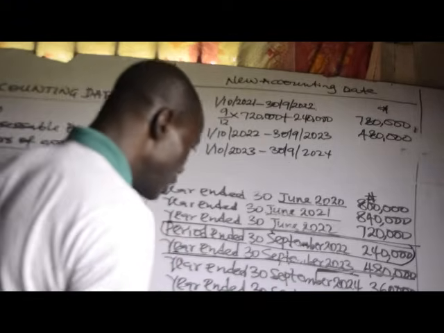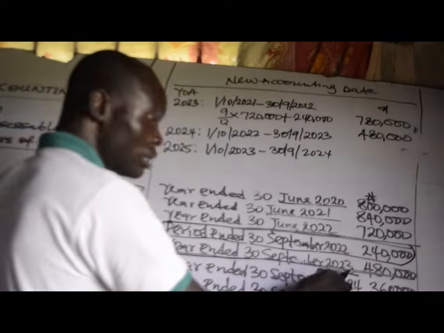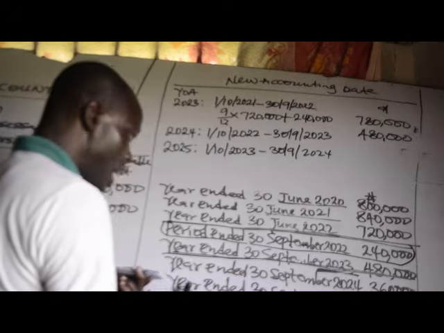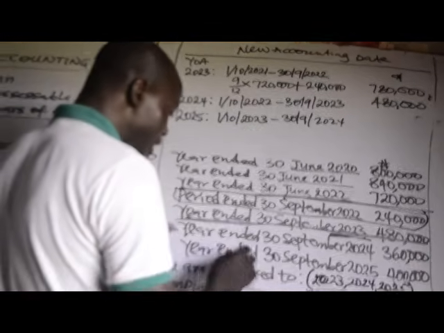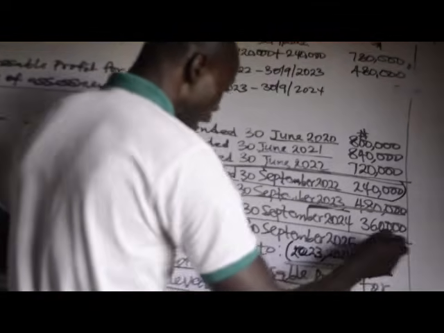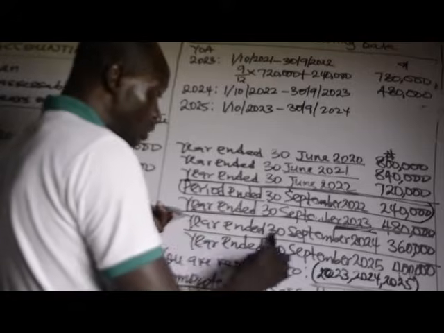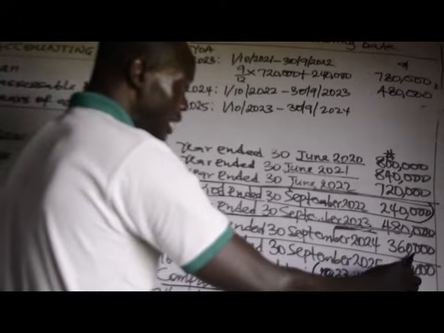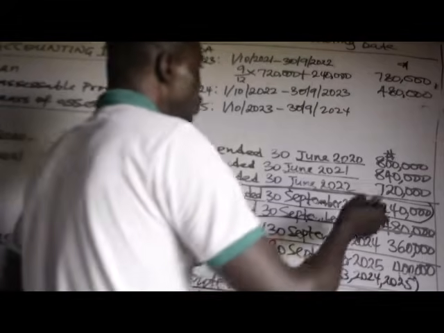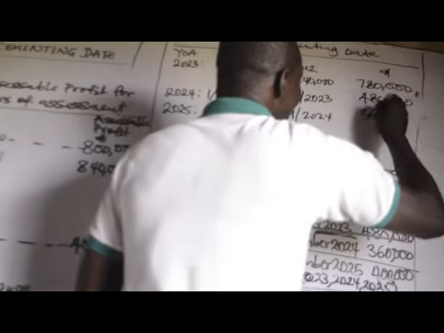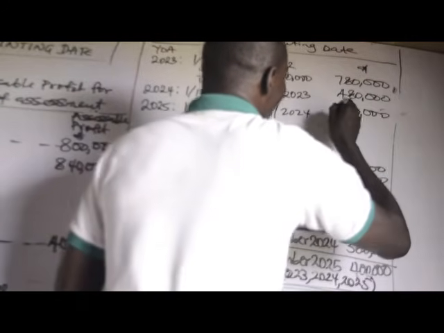This ended as at September 2023, therefore October 2023 will fall within this range. And this is profit from October 2023 to September 2024, and the profit amounted to 360,000 naira for that year of assessment.